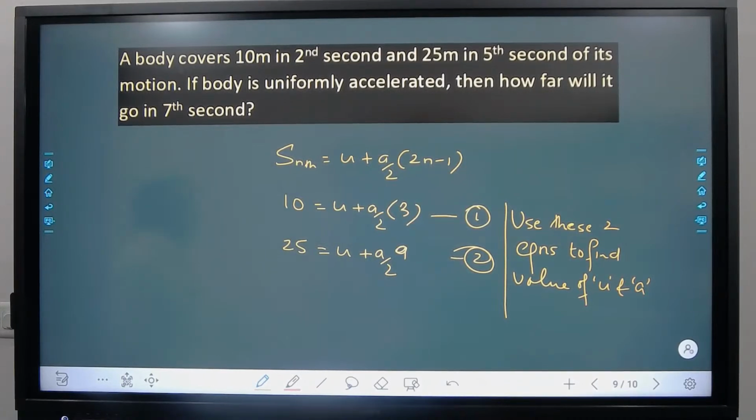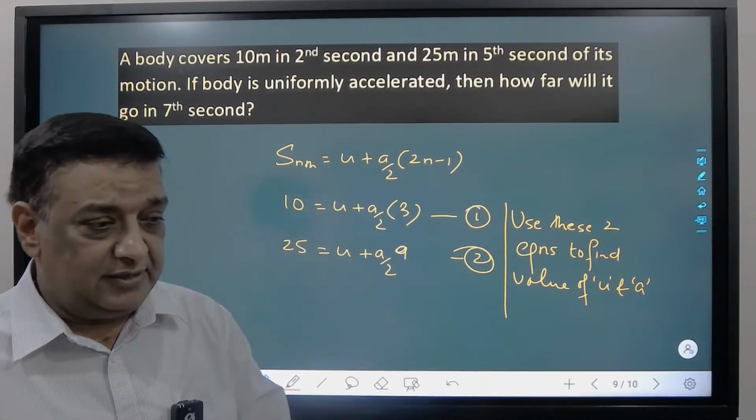So next time we will do more, because if there is some problem, first of all I will revise the graphs and motion under gravity in the next class, and then we will do more numericals and MCQs of this part.